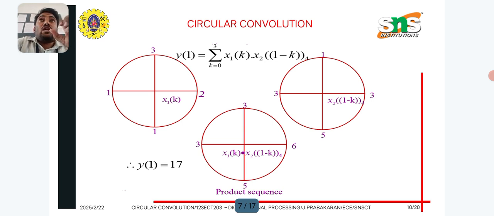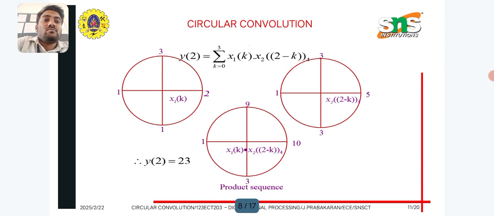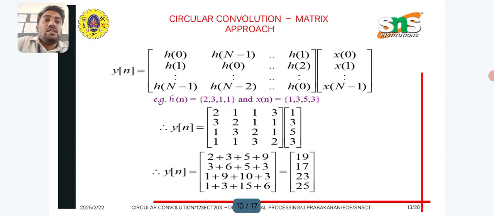Multiply the samples on the two circles and sum the products to produce the output. Then rotate the inner circle by one point, multiply and add the values. Do this process until we get back to the starting point. These are all examples of circular convolution.